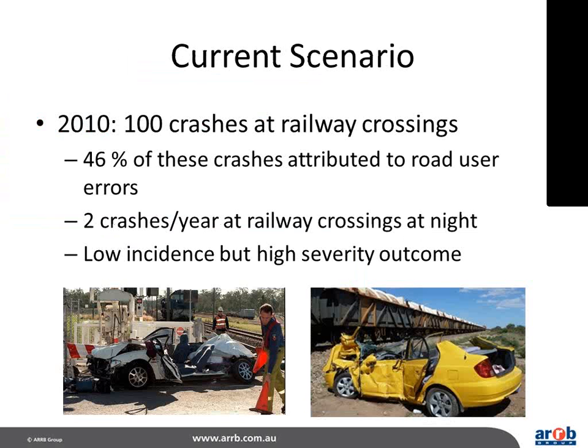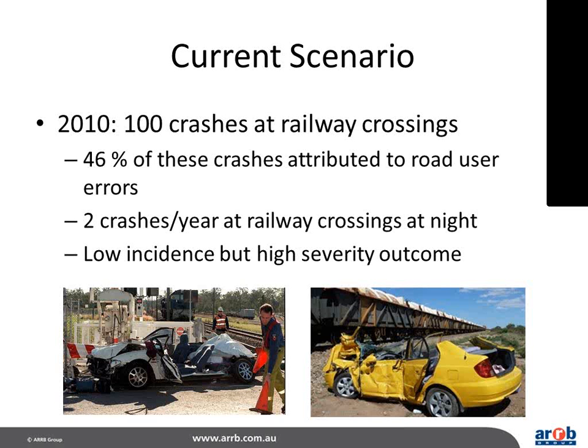Let's look at the current scenario in terms of crashes at railway crossings. The latest data that we have from the research we did is that in 2010, there were 100 crashes at railway crossings. Out of these 100 crashes, 46% were attributed to road user errors.